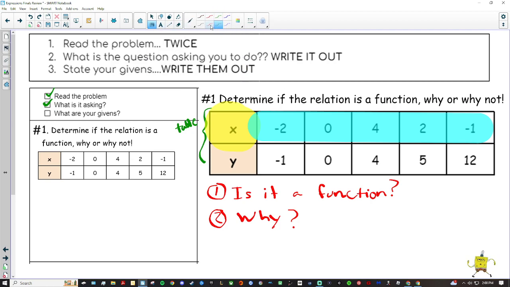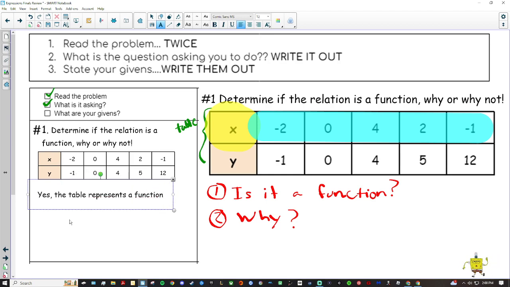So let's answer our first part. Part 1. Is it a function? Yes. The table represents a function. And now we need to answer the question, why or why not?